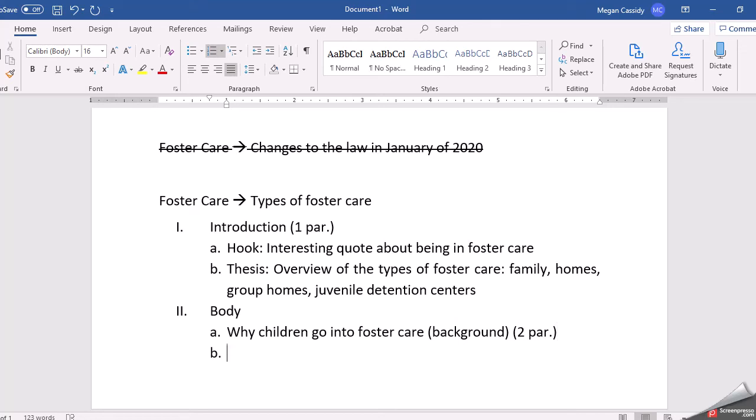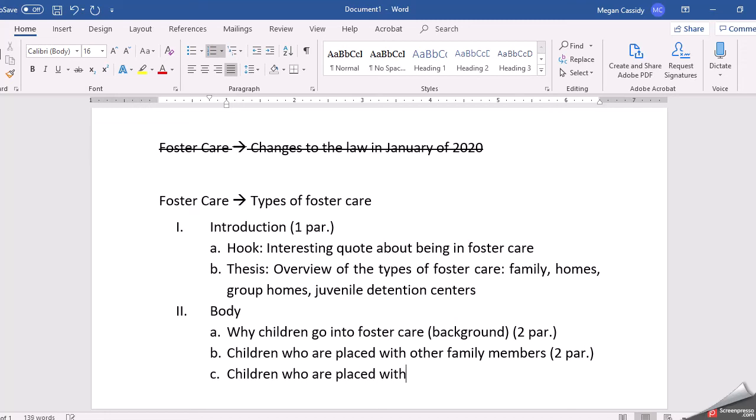Then I'm going to talk about my first type. So children who are placed with other family members. And let's say that might also be 2 paragraphs. Then I'm going to talk about children who are placed in personal homes.